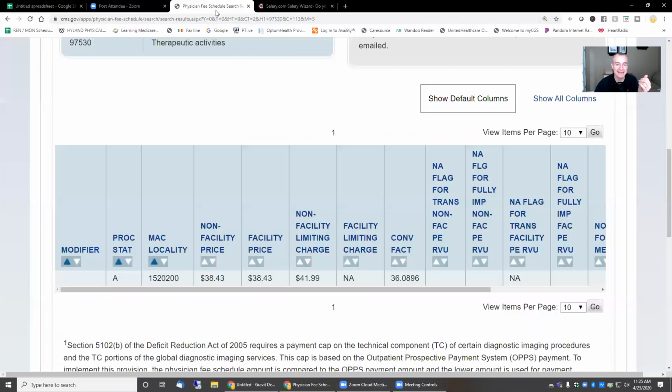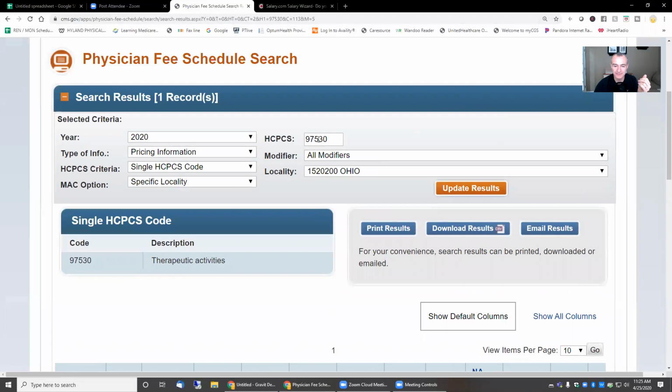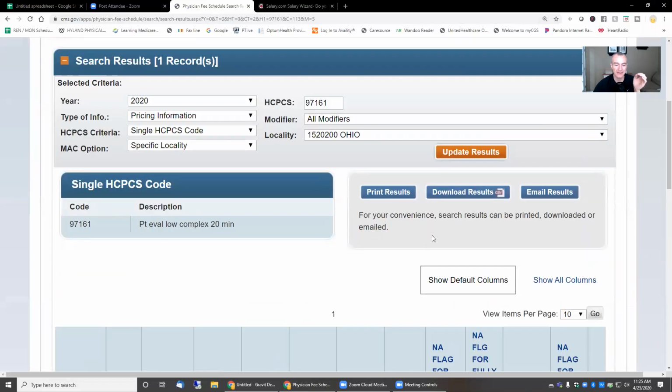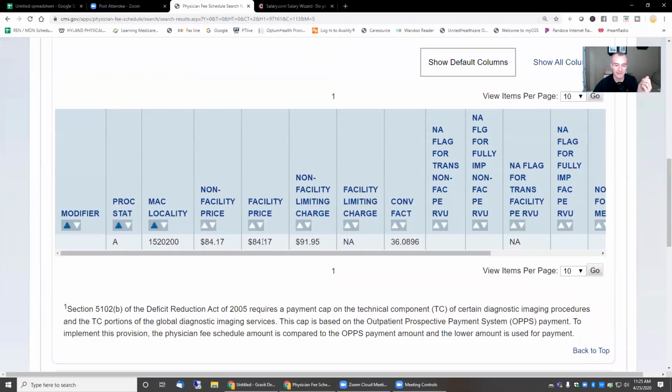We know that the initial eval, let's come in here, 161. The initial eval on a typical session is going to be reimbursed at the full amount, $84.17 for a non-facility. There will be a sequestration reduction on that, but that's the only reduction we're going to see.